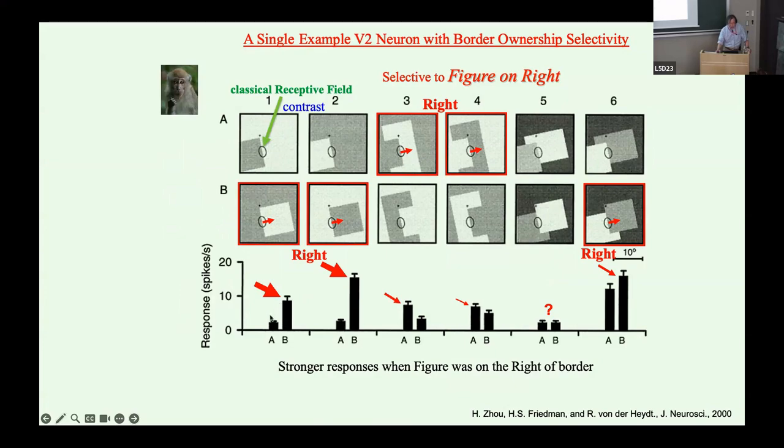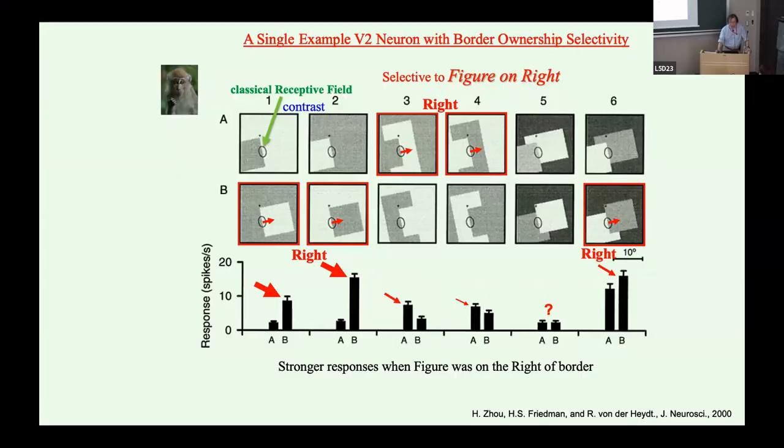This bar shows the response of the neuron to the stimuli above, and across all stimuli, stronger responses are shown in red. In this pair of stimuli, the response was stronger when the object was on the right. And in this pair of stimuli, again, the response was stronger when the object was on the right. So in this way, this neuron was considered selective to border ownership to the right.